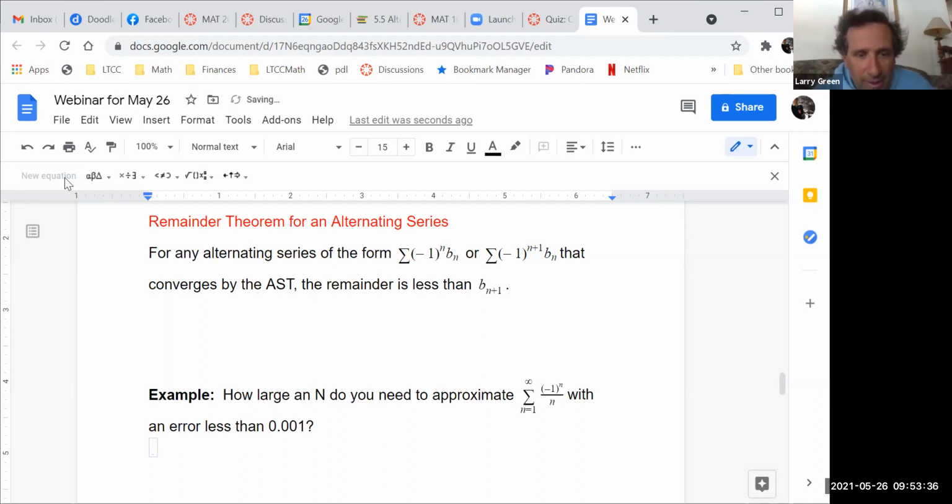Our error, our remainder, is going to be less than b sub n plus 1. What's b sub n plus 1 in this case? Very simple. So it's b sub n plus 1.